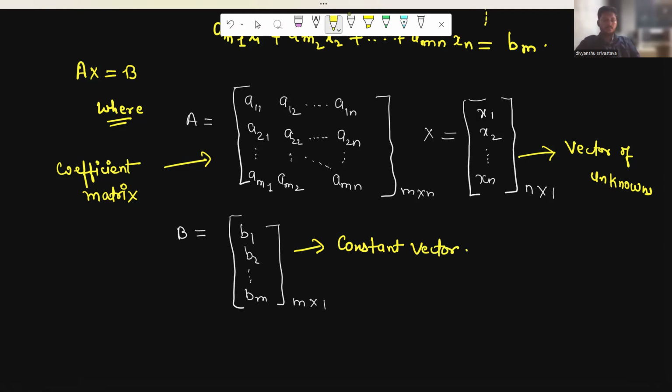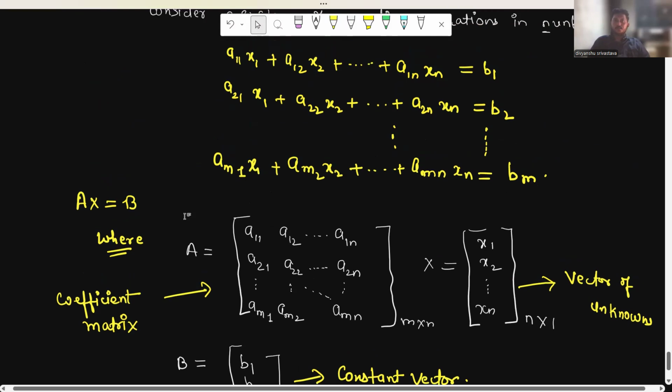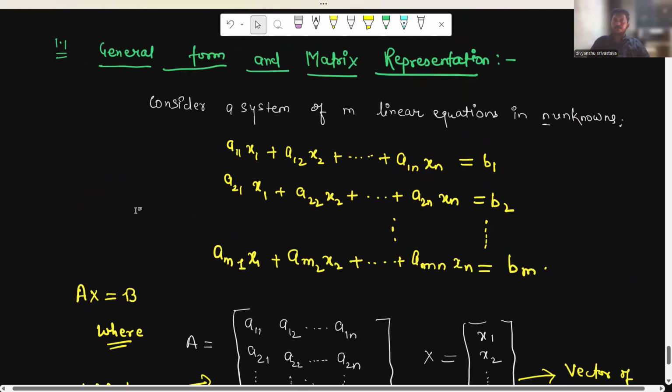So these are the basic representation of Ax = b, the simple general form and matrix representation.